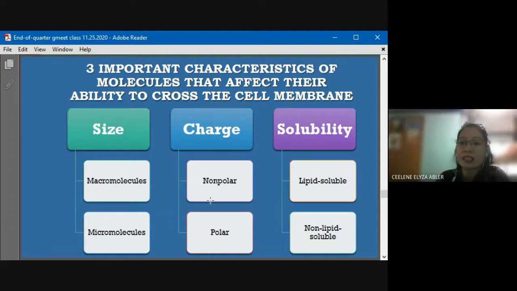Phagocytosis class is so easy for a macrophage. Macrophage kasi can eat a lot, up to 100 na mga before it can die or it can be activated again to eat na naman.